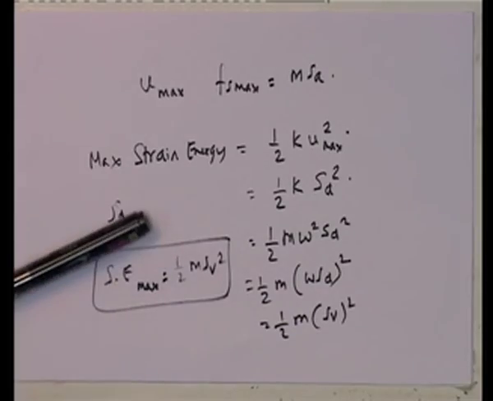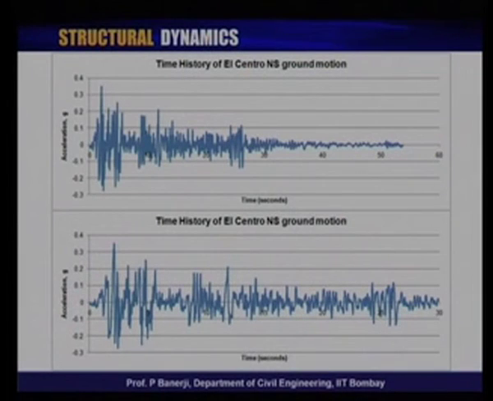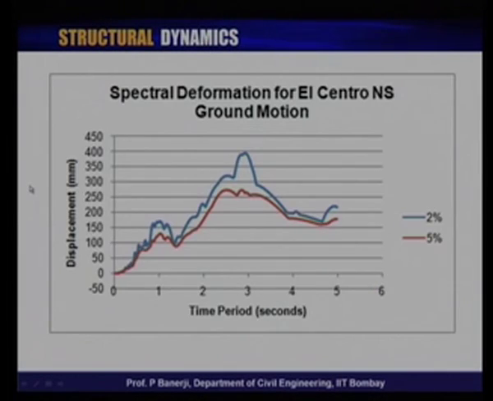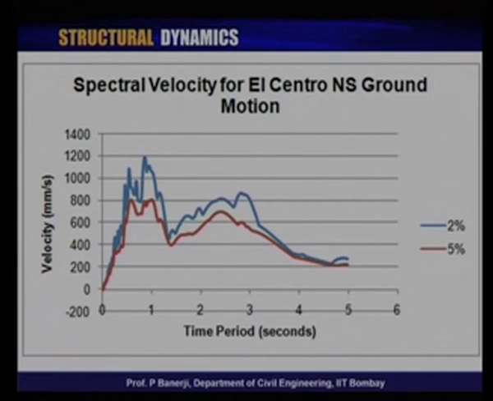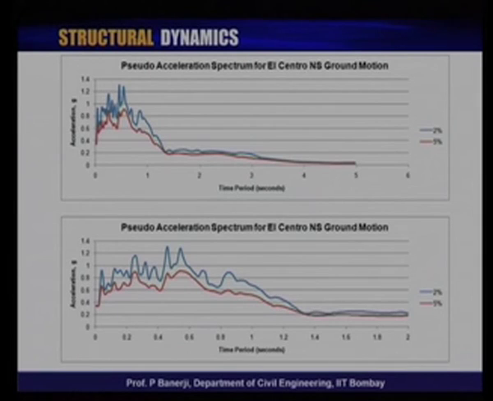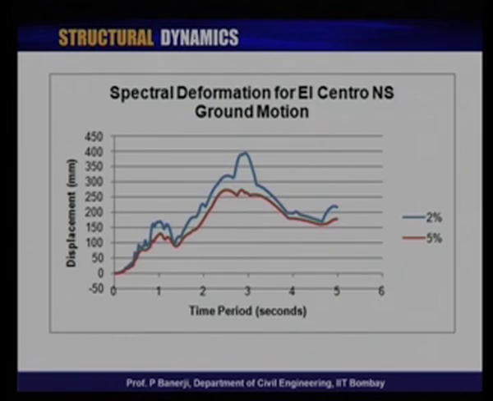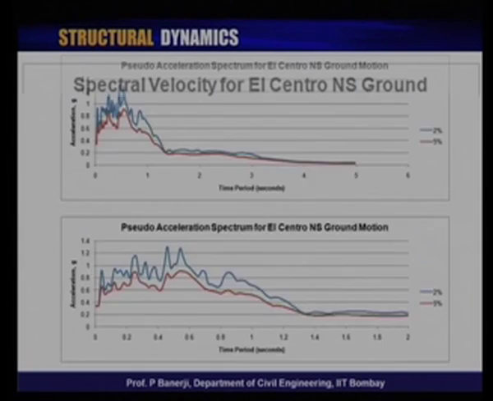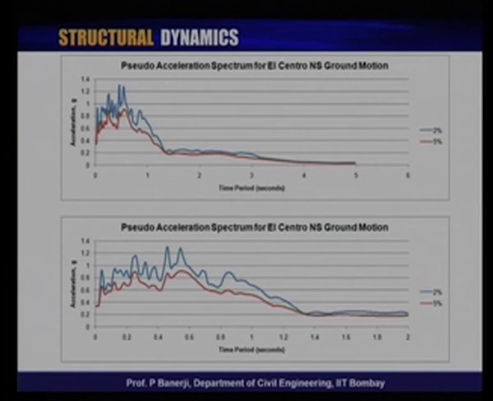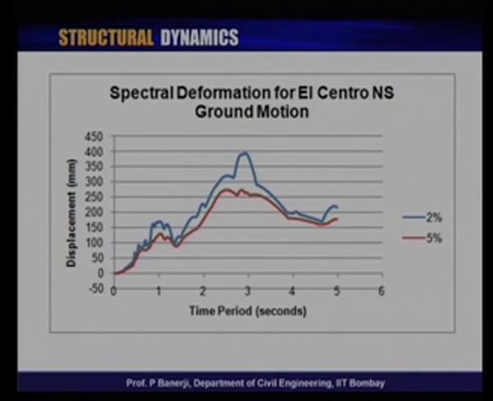So, we have now defined that for an earthquake, we can define the earthquake either by its time history or by its deformation spectrum or its velocity spectrum or its acceleration spectrum. Note that all these three are related to each other. So, any one of them is good enough for me to find out the other.